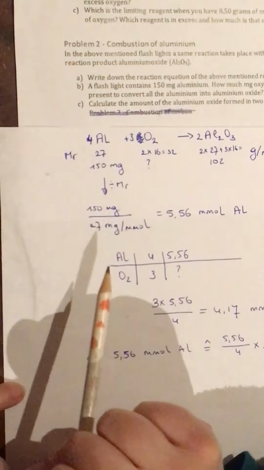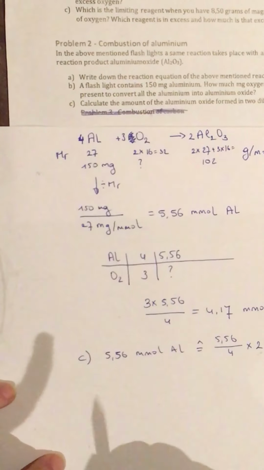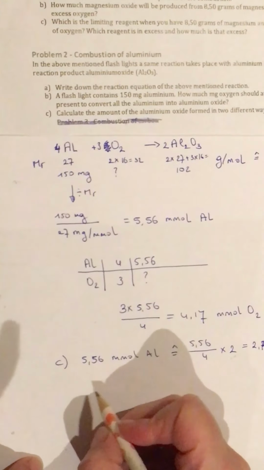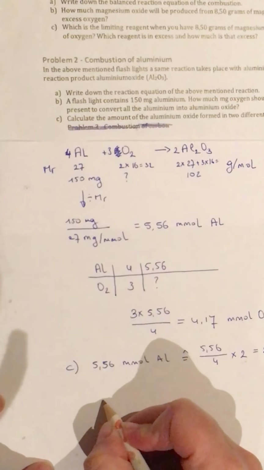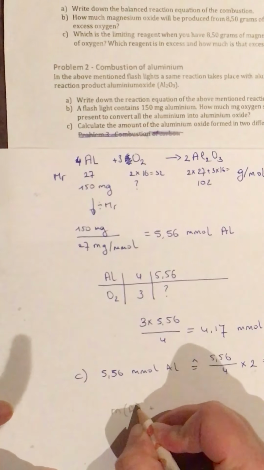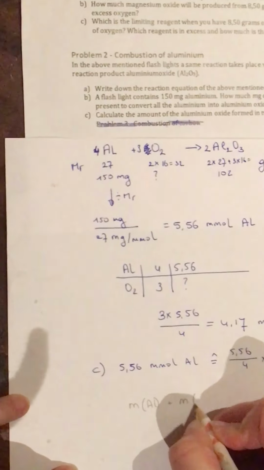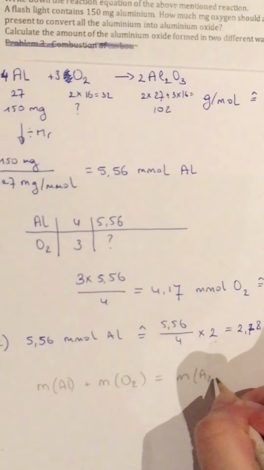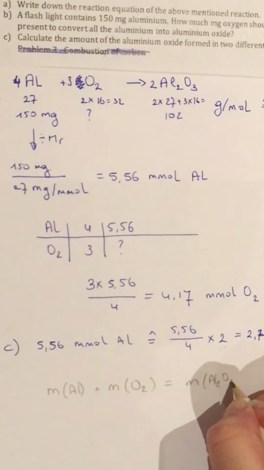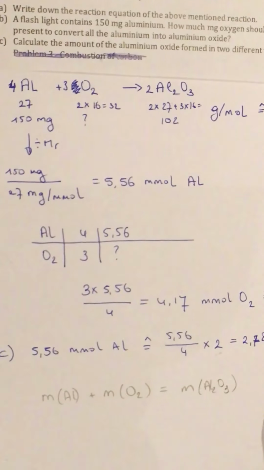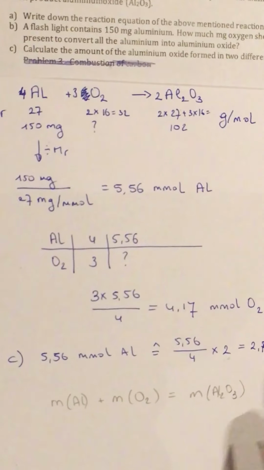So if this is true, we should find that the mass of the aluminium plus the mass of the oxygen equals the mass of the aluminium oxide.